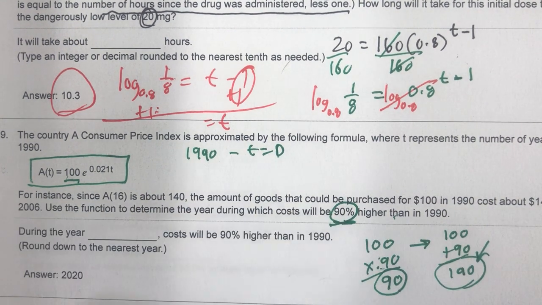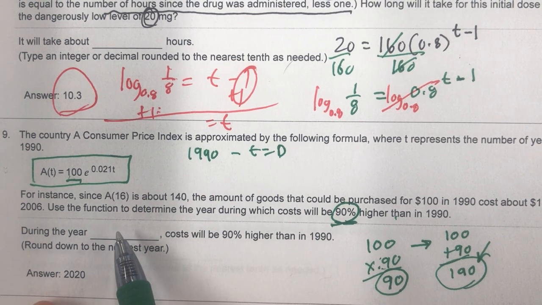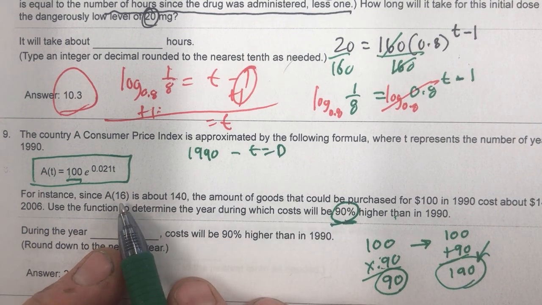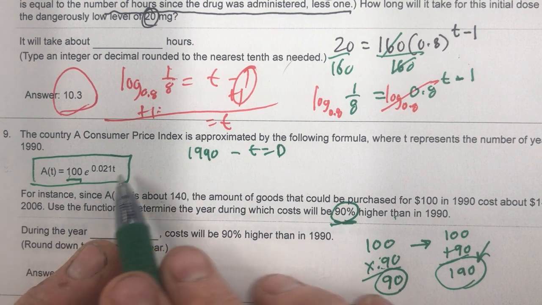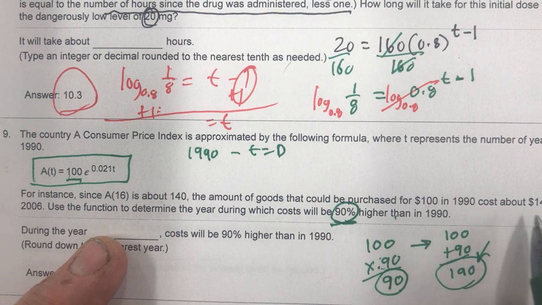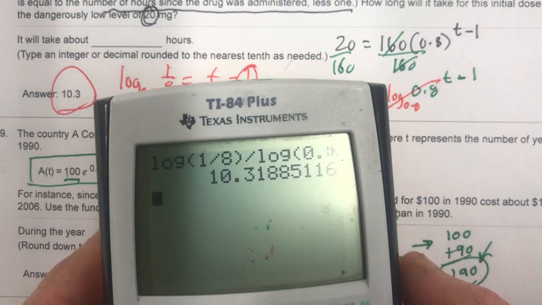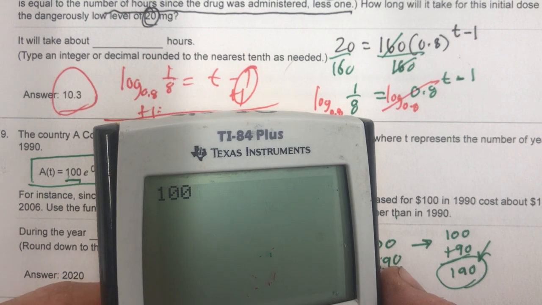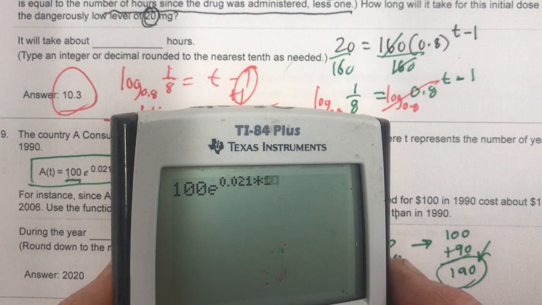Okay, so again, what this says is basically A of 16 is about 140. So if I put 16 in, I'll get 140. That's the amount of goods that could be purchased for $100 in 1990, costs about $140 in 2006. So here, I punch that in and show you what I'm talking about. 100 e to the 0.021 times 16.